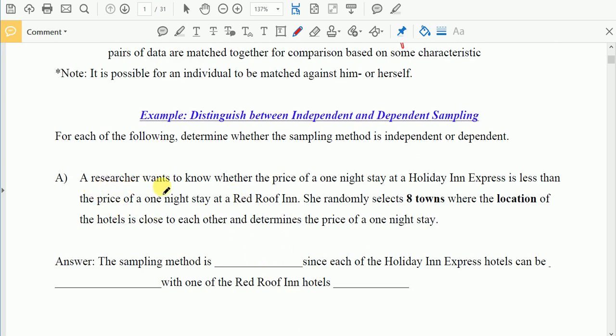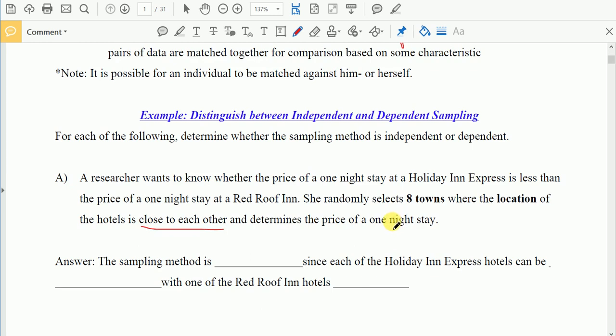Researchers want to know whether the price for a one-night stay at a Holiday Inn Express is less than the price of a one-night stay at a Red Roof Inn. Now they want to compare the price. So they randomly select 8 towns where the locations of the hotels are close to each other and determine the price of a one-night stay.